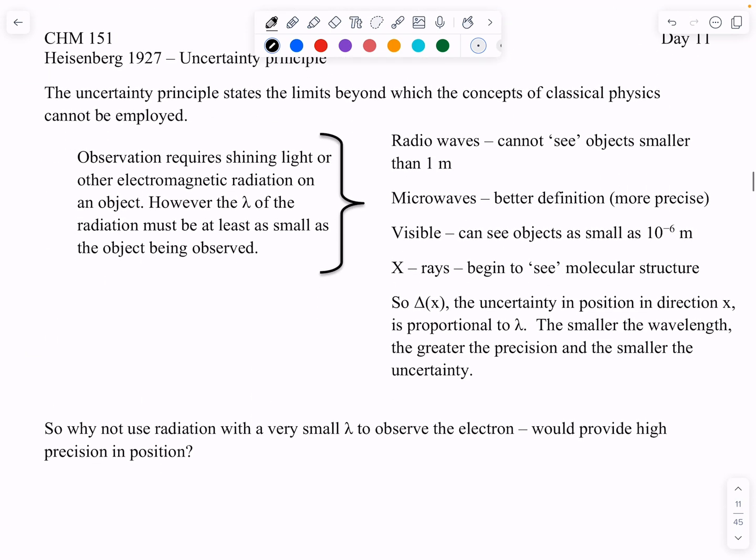All right, so we're going to come back up here and talk about Heisenberg. At the same time all this is going on, a guy named Heisenberg is actually trying to figure out where the electron is in the atom, right? We've already talked about most of the space being due to the electron. And so where is the electron in all this space relative to its size?